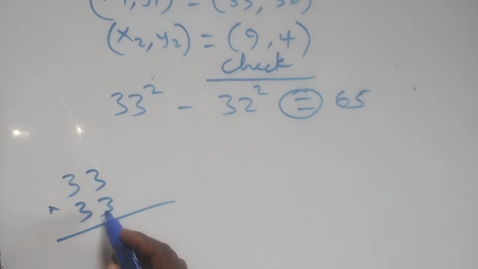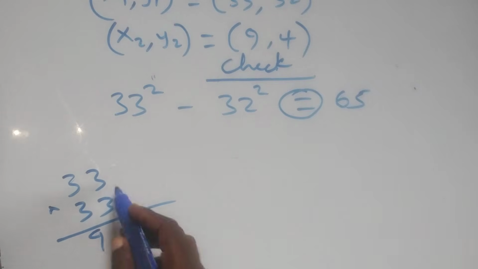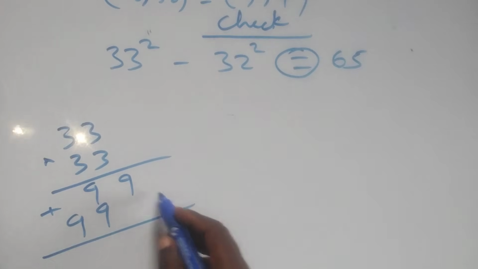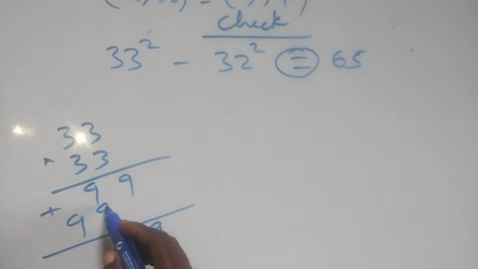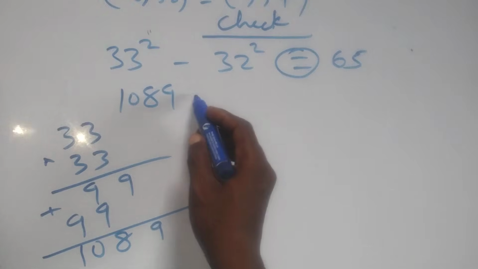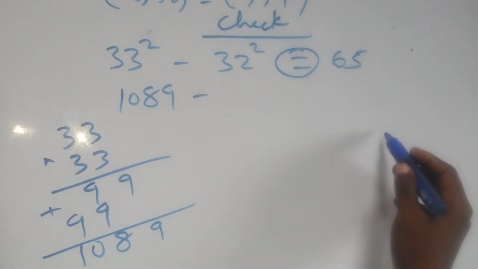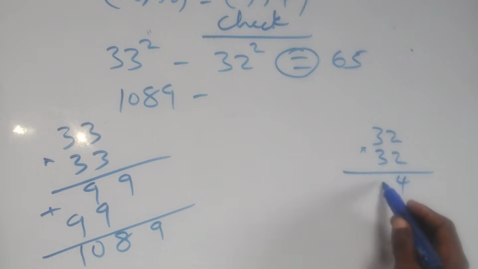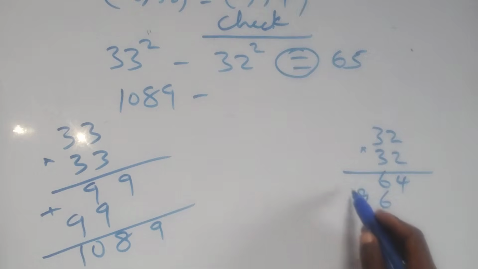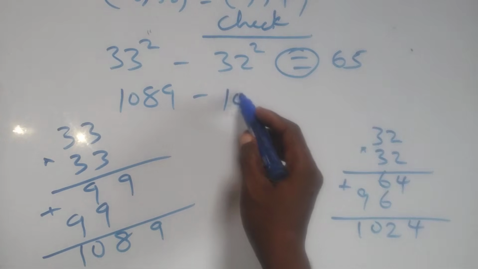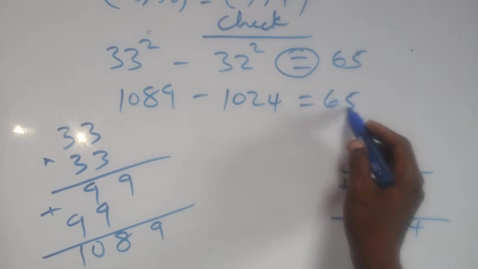When we multiply this, 3 times 3 is 9, 3 times 3 is 9, and so on. Adding, we get 1089, minus 32 squared, that's 32 times 32, which is 1024. This equals 65 here.